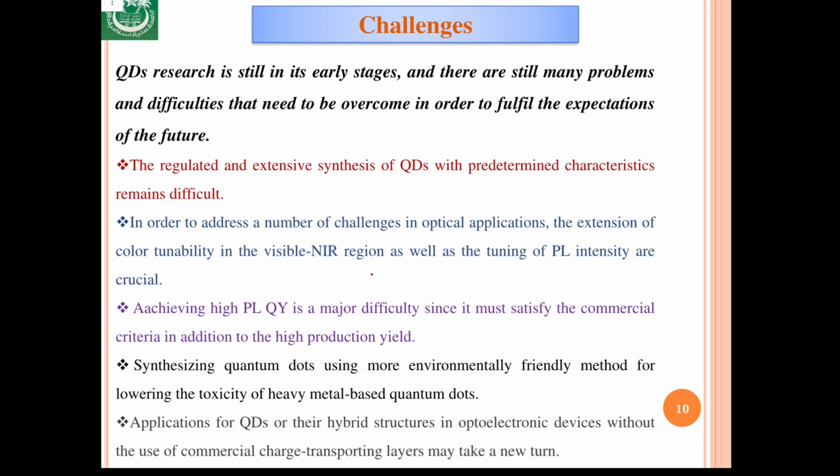In order to fulfill the requirements in the lighting industry, the extension of color tunability in the visible to NIR region, as well as controlling the intensity of the photoluminescence from these phosphor elements, is still crucial. Achieving high photoluminescence quantum yield is a major difficulty. And of course, another concern is synthesizing quantum dots using more environmentally friendly methods for lowering the toxicity of heavy metal based quantum dots.